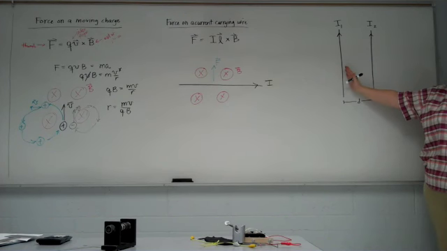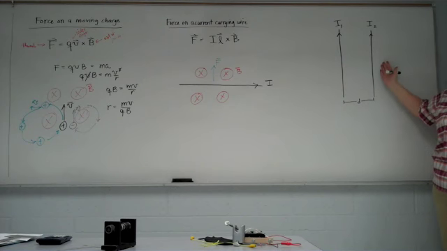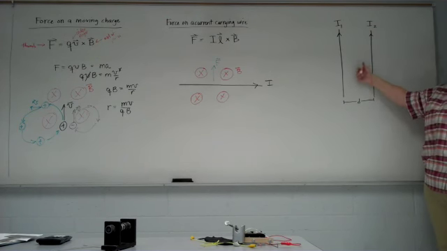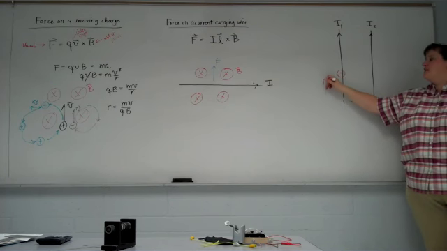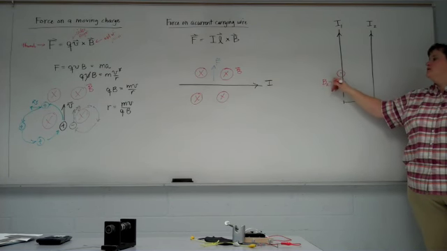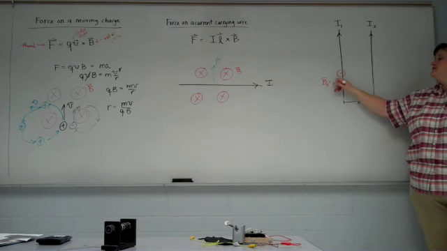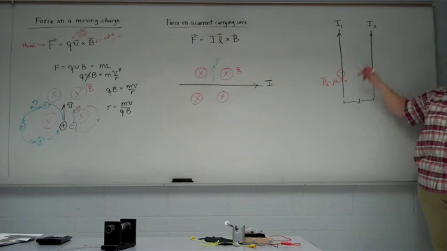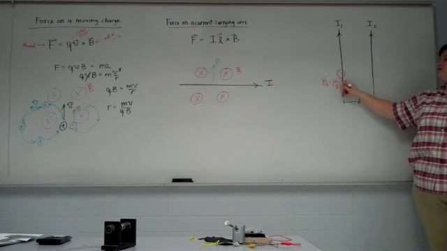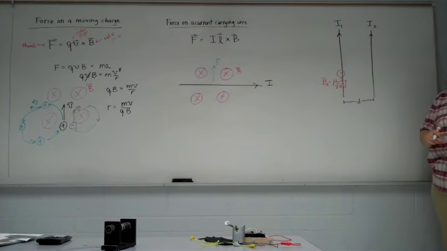What's creating the external magnetic field? Wire 2, exactly. So wire 2 is creating a magnetic field over here. The direction of wire 2's magnetic field is out of the board at that location. So B from wire 2 depends upon the current in wire 2 and how far away we are.